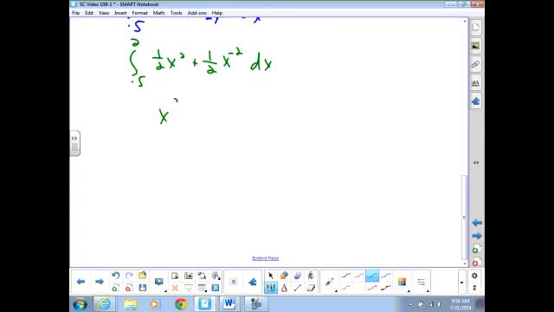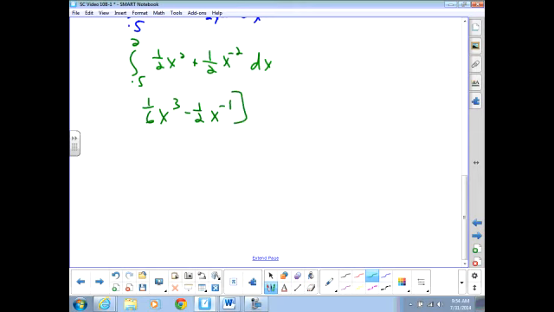We'll get an x cubed, so we have to multiply by 1/3 out front, which should give us 1/6. Our x will now be to the negative 1, so we have to multiply by 1 over negative 1, which is negative 1 out front, which will give us negative 1/2.